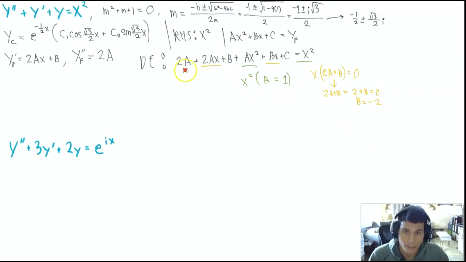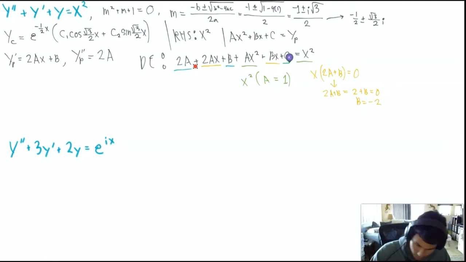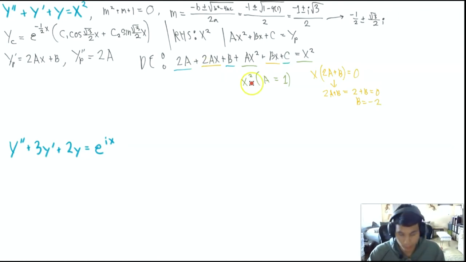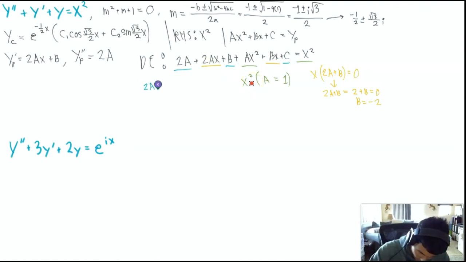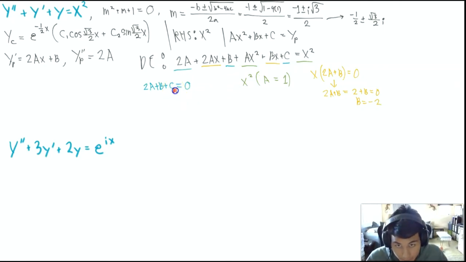Now let's look at our constant terms, the ones left alone. We'll use a blue underline here: 2a plus b plus c. If we drop everything down, it'd be 2a plus b plus c is equal to 0, and the only thing we don't know is c.